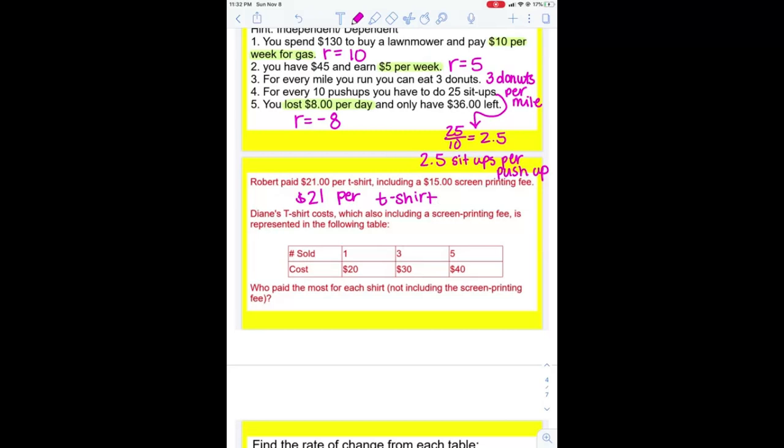So the way we do that is just the same way we've been finding the rate of change. So I see that the top row changes by 2 every time. And the bottom row is changing by 10 each time.